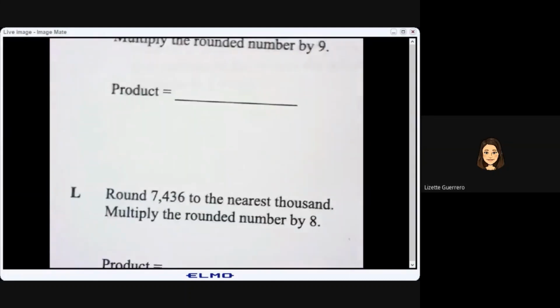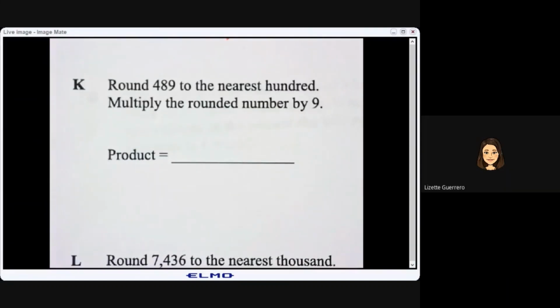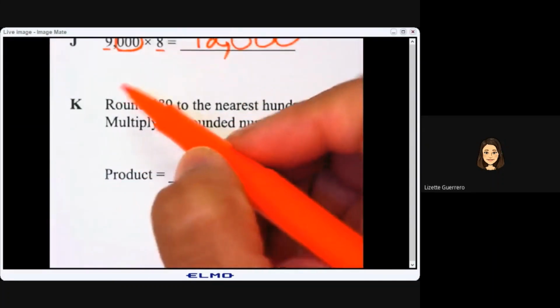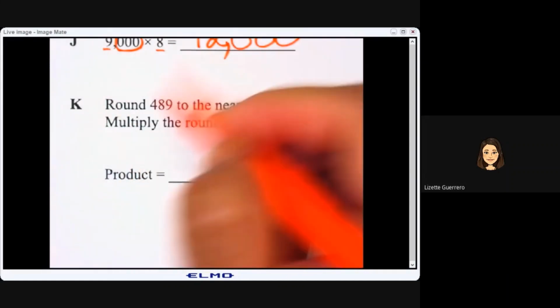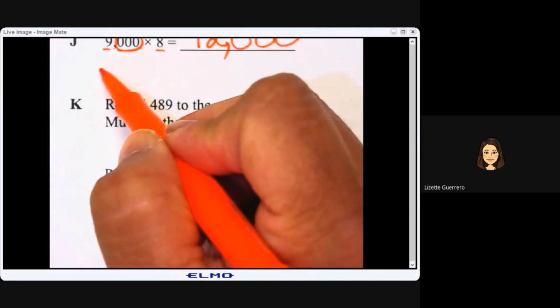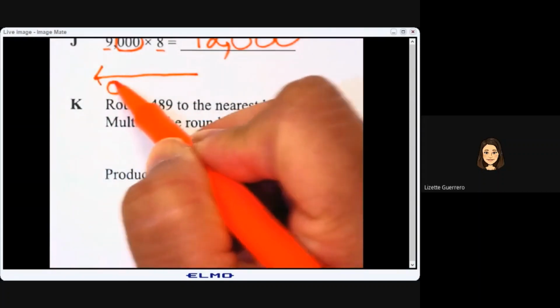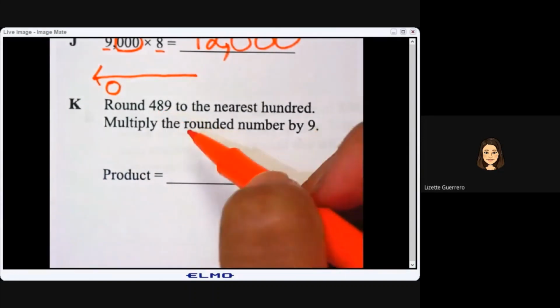We're going to be rounding to the nearest 100, and then we're going to multiply the rounded number by 9. So on this one, guys, we're using our rounding rules. Remember our rounding rules from last week, where our numbers are either going to stay the same or add one more.